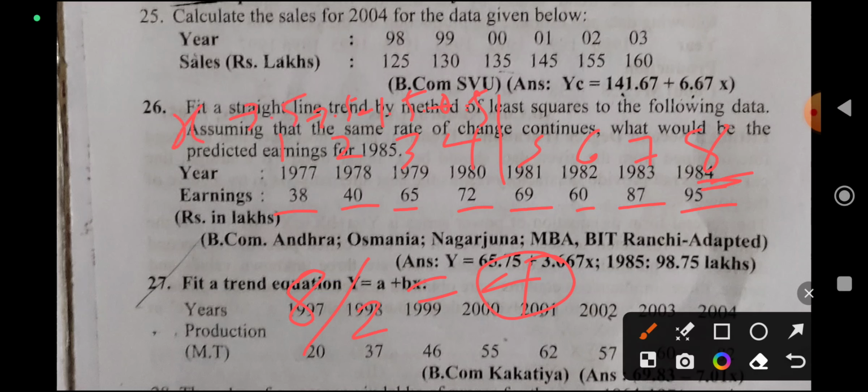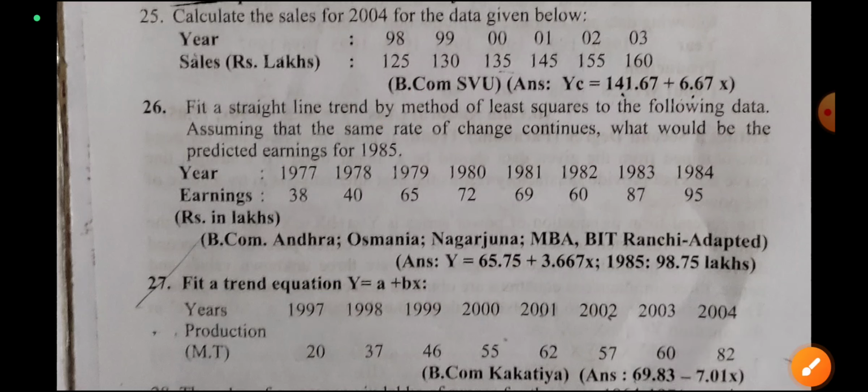And after the 4th year onwards, plus 0.5, 1.5, 2.5 and 3.5 are the values we will take for the next period. Okay, so let us solve the answer relating to it.